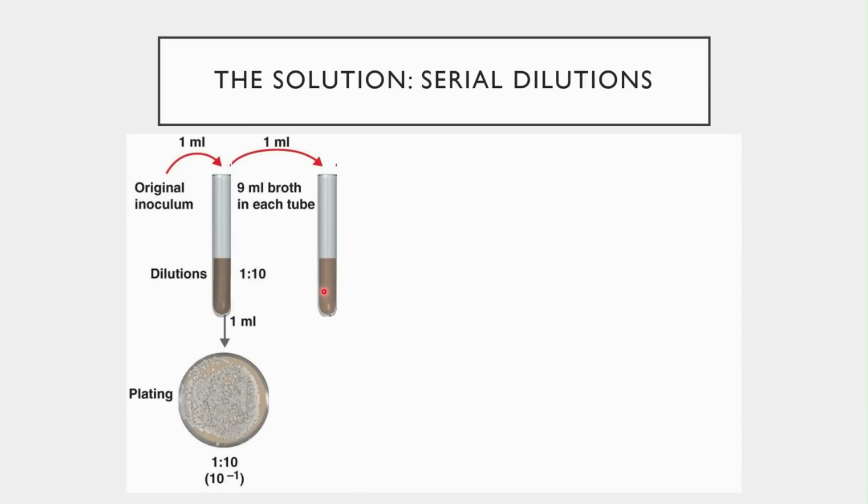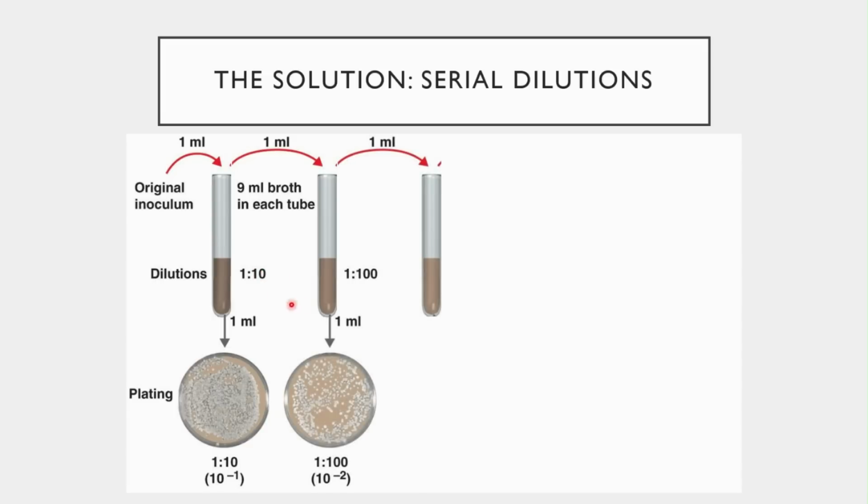It's another 1 to 10 dilution, but we've done 2 dilutions. And you can figure out the new total dilution by multiplying each dilution against each other. So 1 to 10 times a 1 to 10 dilution means we made a 1 to 100 dilution. So this is 1/100th the strength of the original inoculum.